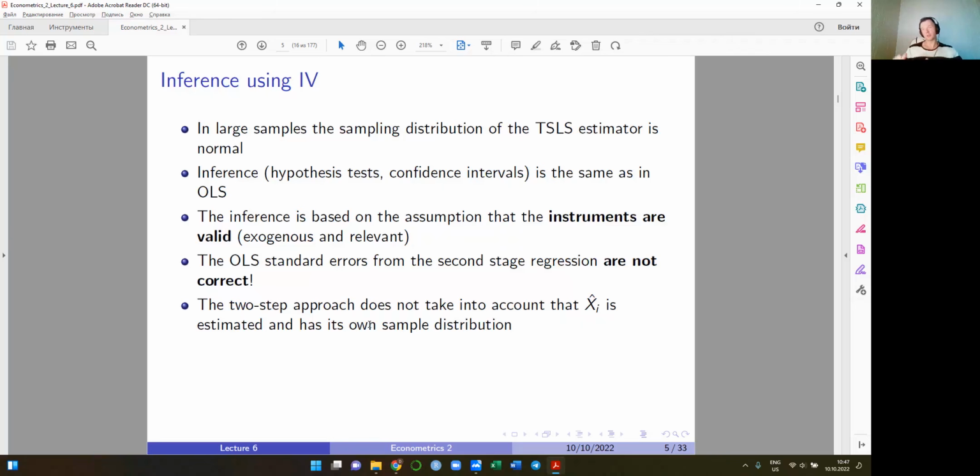That's why I'm not going into the technicalities of the calculation of these standard errors.